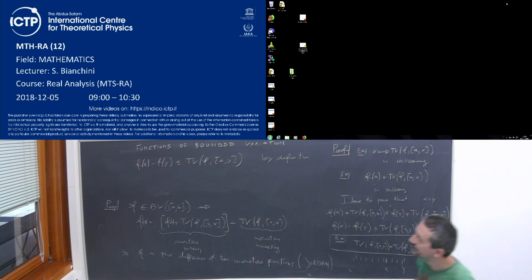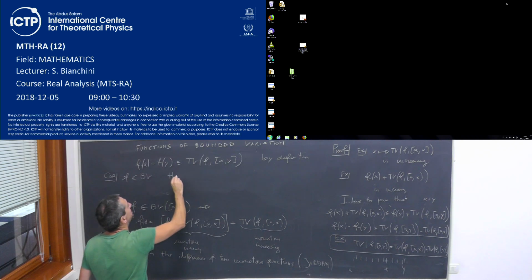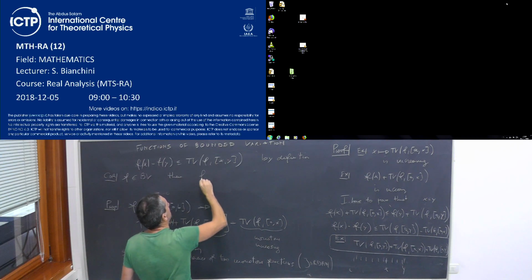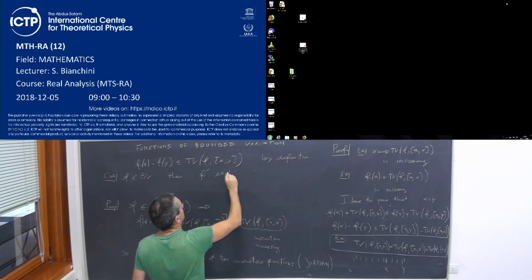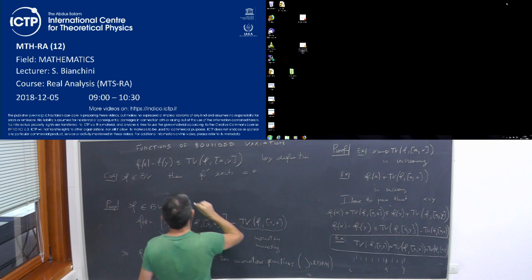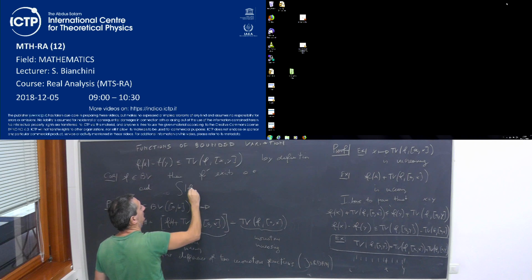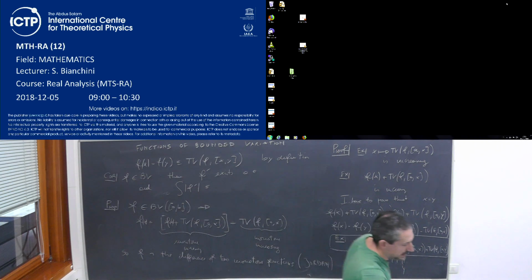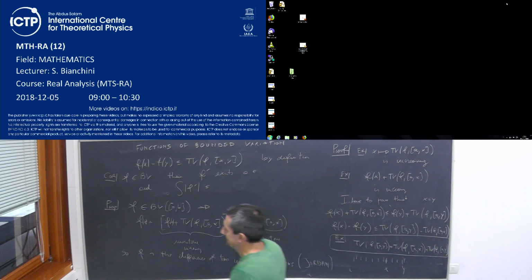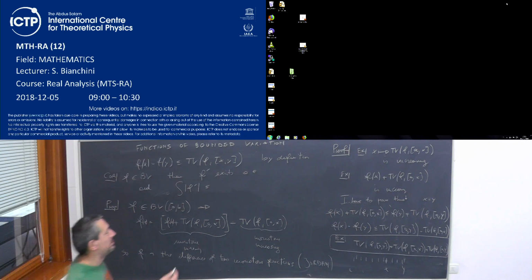So what do we deduce? F is BV, then F prime exists almost everywhere, and the integral of F prime is less or equal than a constant less than plus infinity.